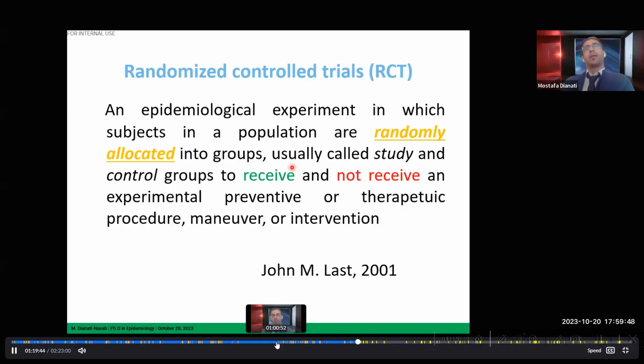So we mainly classify these into study groups and control groups. The study group will receive the main intervention, and the control group will receive a placebo or something similar to our main intervention.